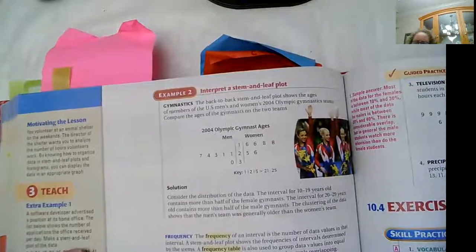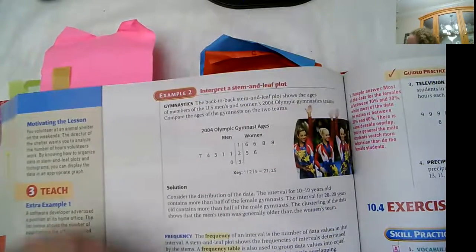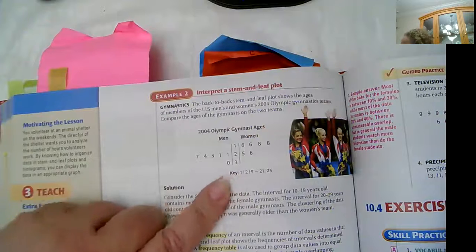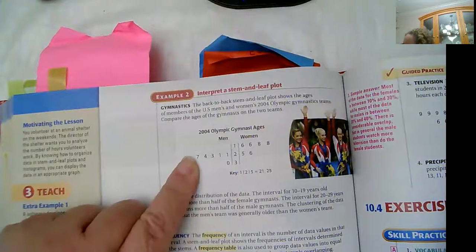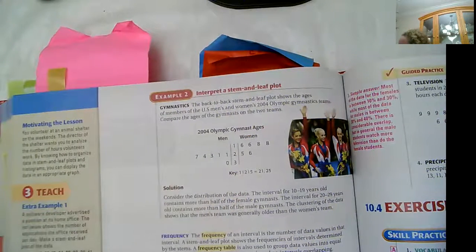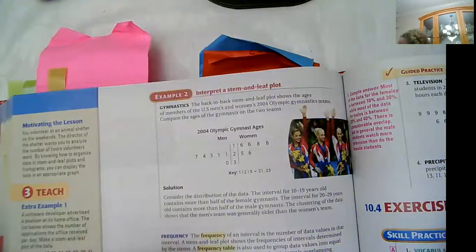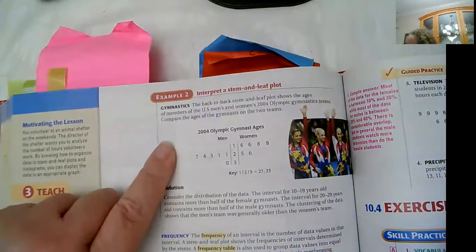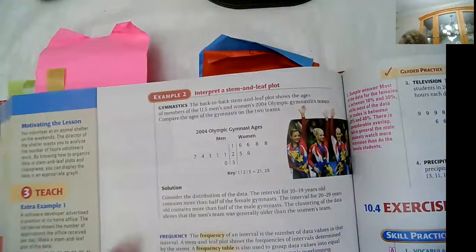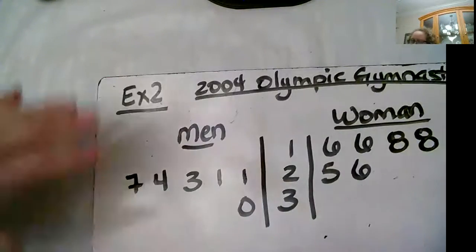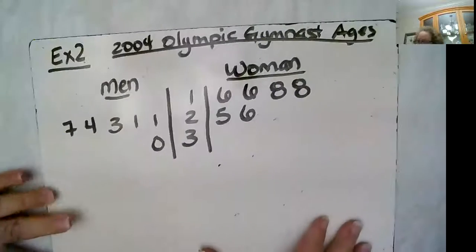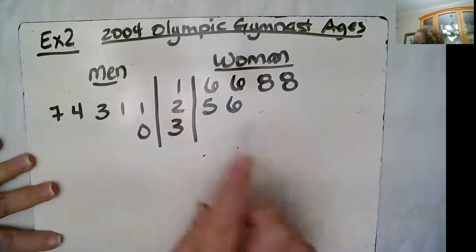For example 2, it says the back-to-back stem and leaf plots show the ages of members of the U.S. men's and women's 2004 Olympic gymnastics teams. Compare the ages of the gymnasts on the two teams. So now I'm going to whiteboard. I already wrote it out. I drew the stem and leaf plot.